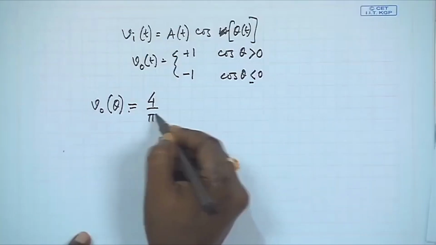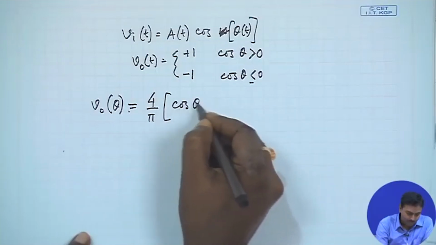If theta has some other variation, I do not know, because I am just plotting it with respect to theta. How theta varies with time, I am not plotting it with time, I am now just plotting it with theta. So, whatever the value of theta, it will just look like a square pulse having values plus and minus. That we have already represented. If you think about that square pulse, we have already represented it in Fourier series. Of course, we were doing it with respect to t, now we are doing it with respect to theta. If you remember, we have already derived that.